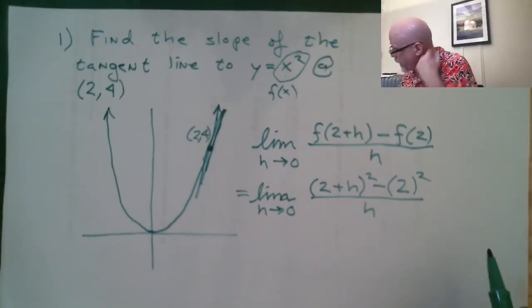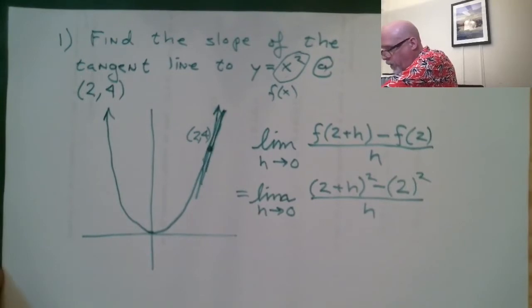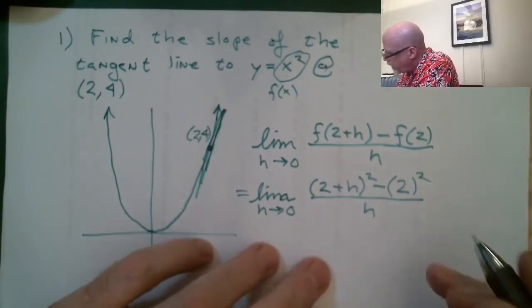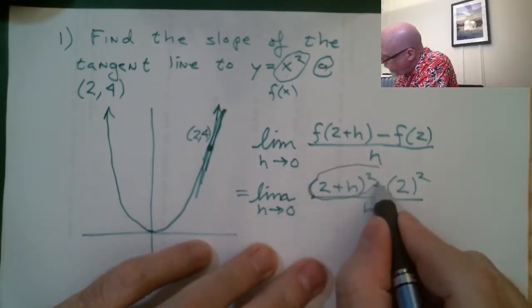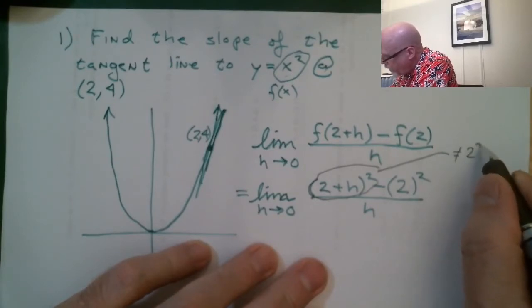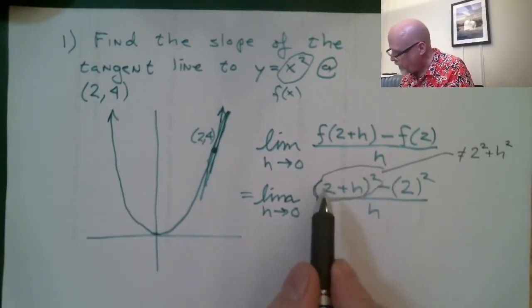Now I want to take a second to make sure we're all on board with something here. If you make the following mistake, it's going to break a lot of junk. So make sure you don't think that this 2 plus h squared is the same as 2 squared plus h squared. No, you can't just take the squaring and distribute it like that.